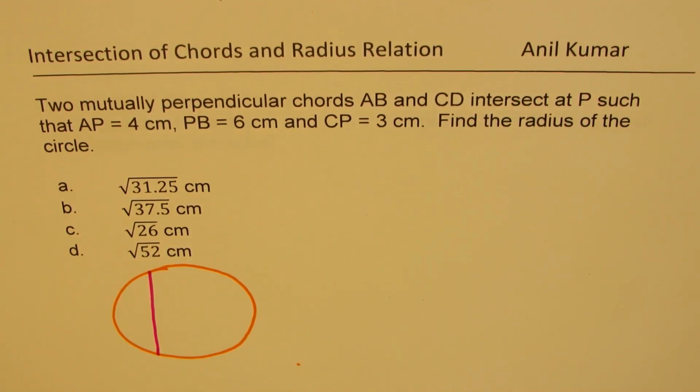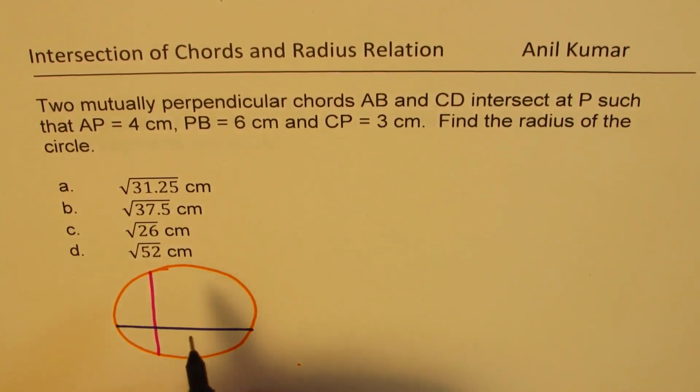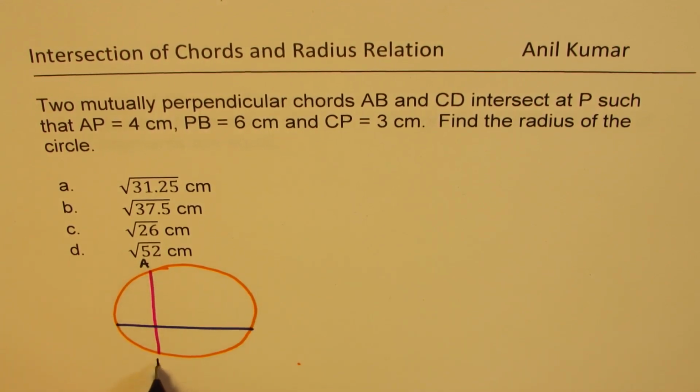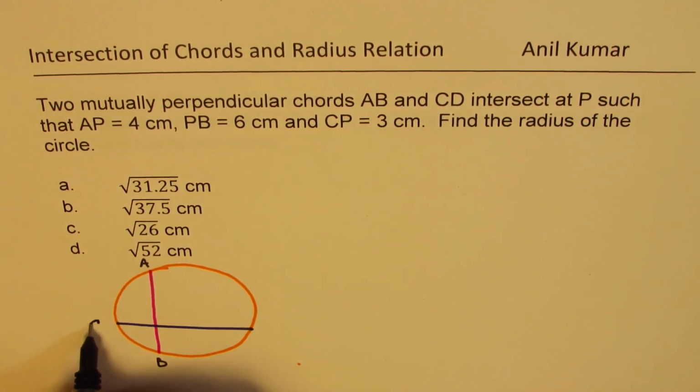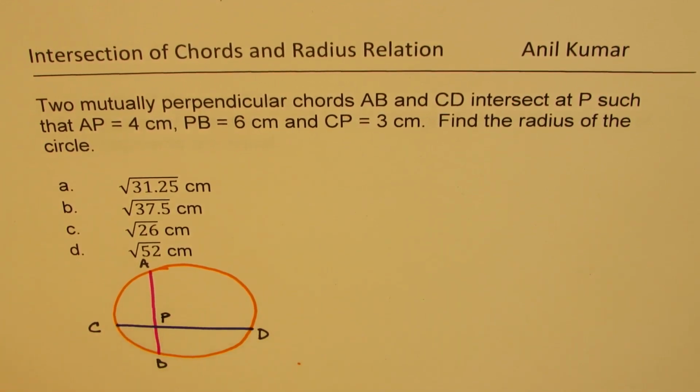So let's say one of the chords is as shown and the other one is like this. So these are the two chords. Now let's say that this is the chord AB and this is CD, and they're intersecting at P.